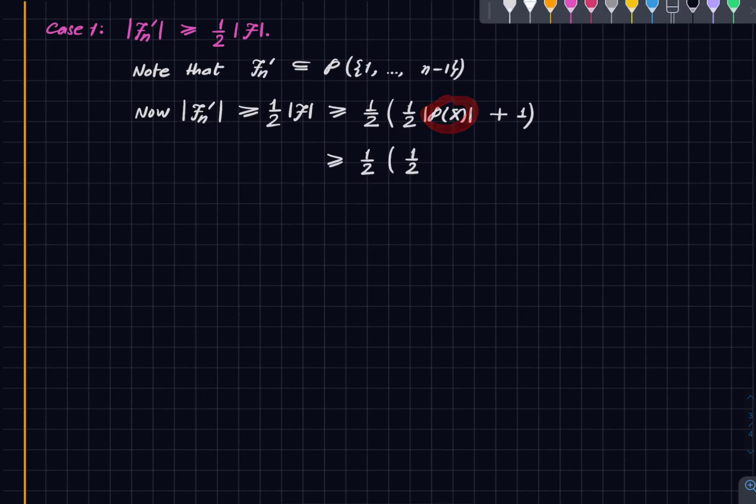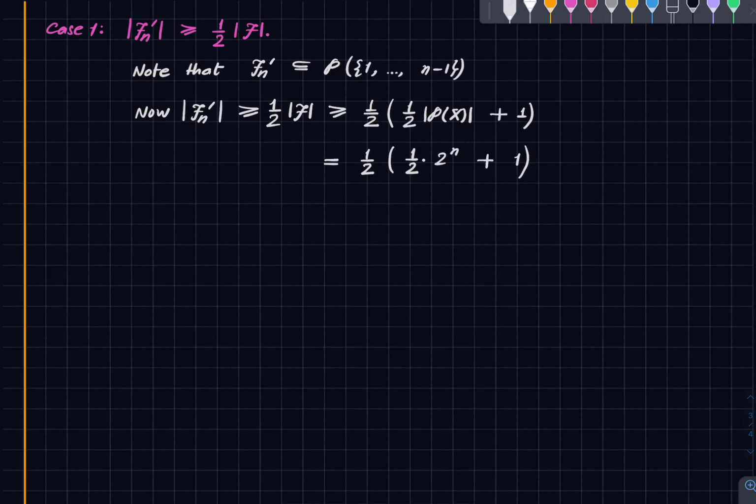It is 2 to the power the size of X, right? This is a standard thing, that if X is an n element set, then the size of the power set of X is 2 to the power n. This is something we learn in high school also. So this is 2 to the power n plus 1. In fact, this is an equality.